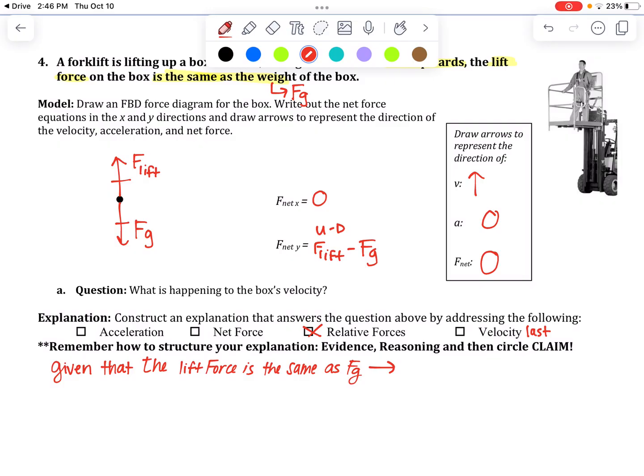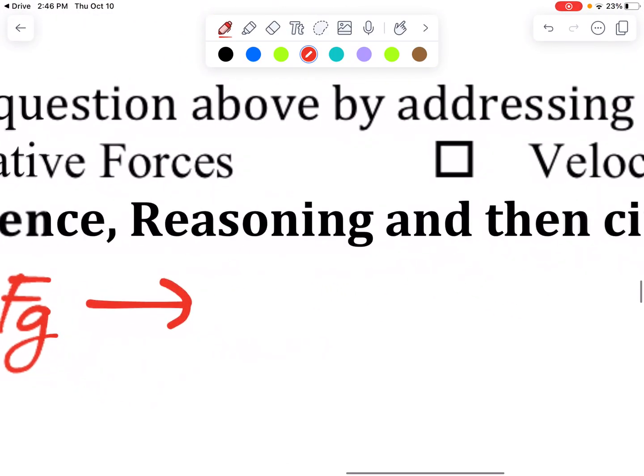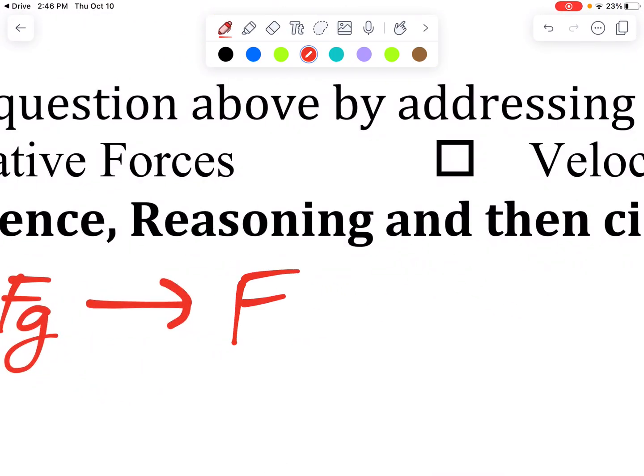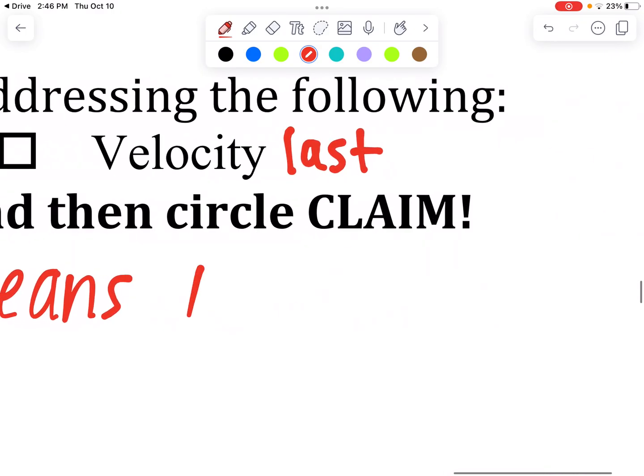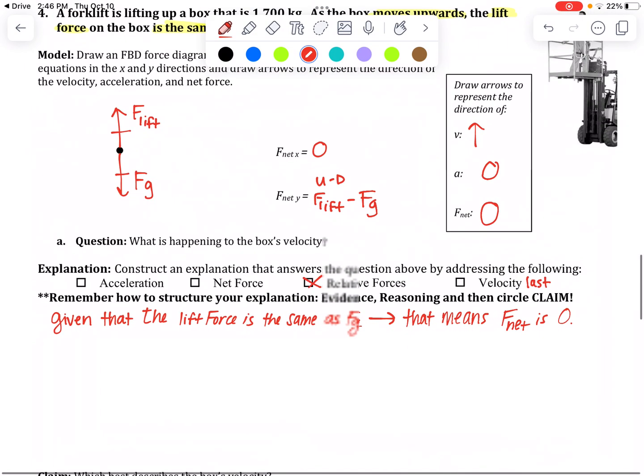then I'm going to try to add some physics reasoning. So what can I tell the reader? Can I tell what the net force is, or can I tell what the acceleration is? Based on physics concept number 1, that forces combine to make a net force, I can draw a conclusion about net force. So that means F net is 0. Because if these forces are totally balanced, the net force has to be 0.